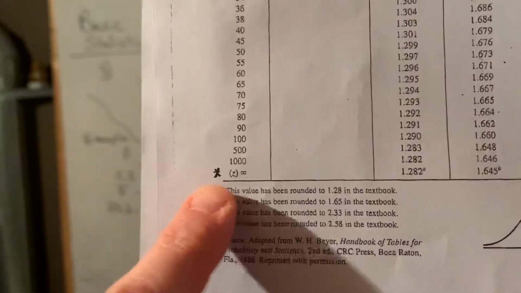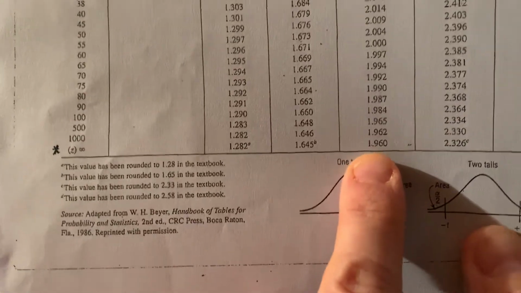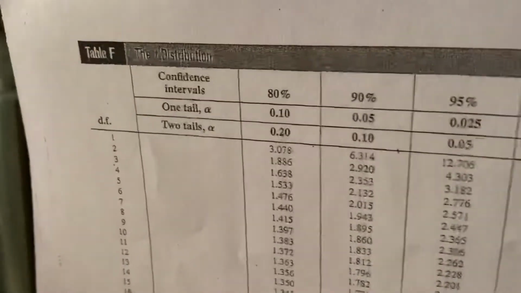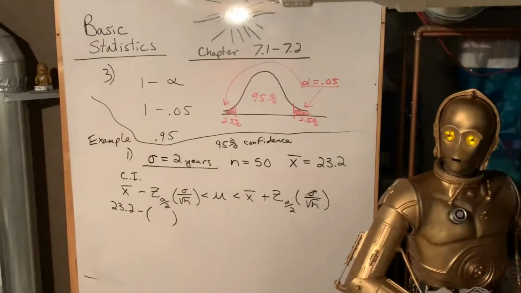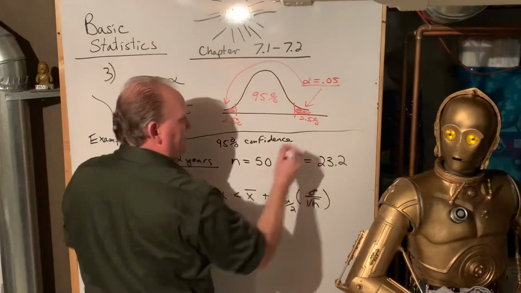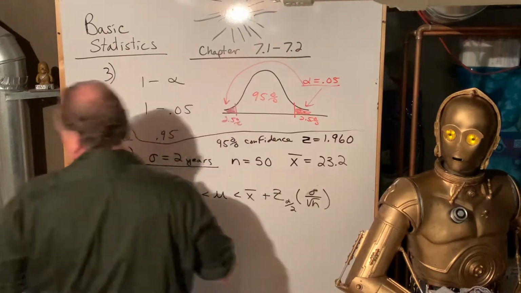So the z-score for 95% is 1.960. All right, so that's table F, confidence interval, 95%. So that our z-score that goes with 95% is 1.960.